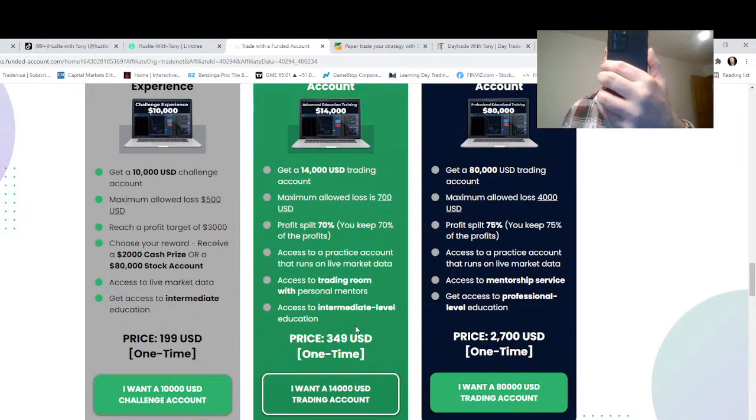320 euros or whatever. So you put your 350 bucks in there, and the rules are that your account value cannot go lower than 13,300. Okay, your max loss is 700.